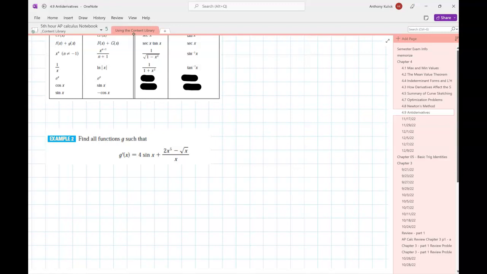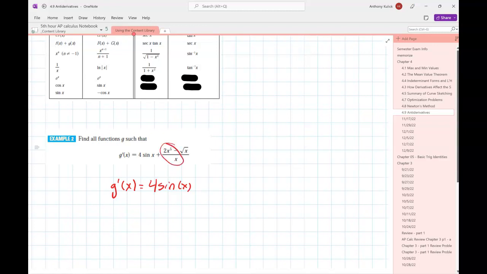Before I start trying to do an antiderivative, what am I going to do? I'm going to simplify this part, because I don't want that to look like a quotient. I want it to look like a polynomial, because we don't know how to reverse out a product or quotient or chain situation.